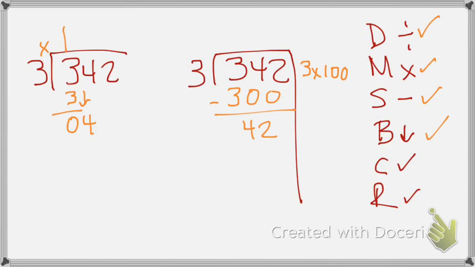So here's where it's a little different, because now we have another digit. So we're still going to keep going after this round. So we've brought down, we're going to sparkle, and we're going to do 3 times 10 on this side here.